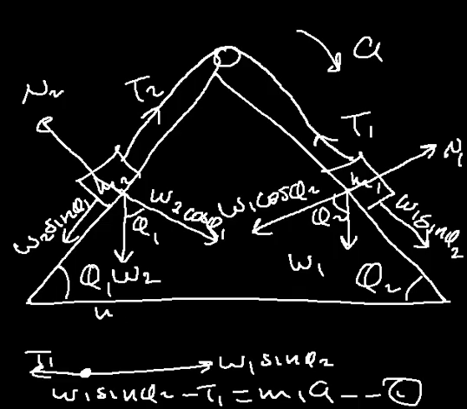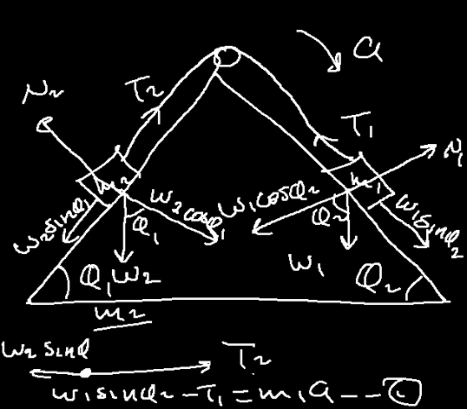And how about the object of mass 2? What can you say for that case? What are the forces acting? We use the same analogy. We have the force which is acting in the direction of the motion, which is T2, given as this. The other force is acting against the direction of the motion, which is W2 sin theta 1.